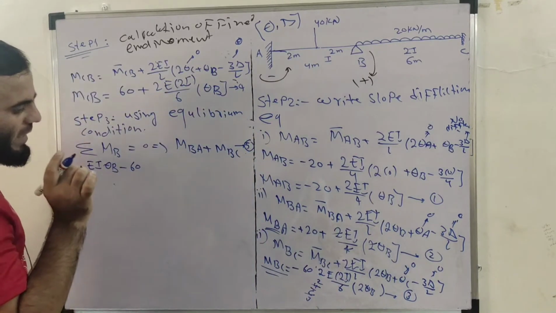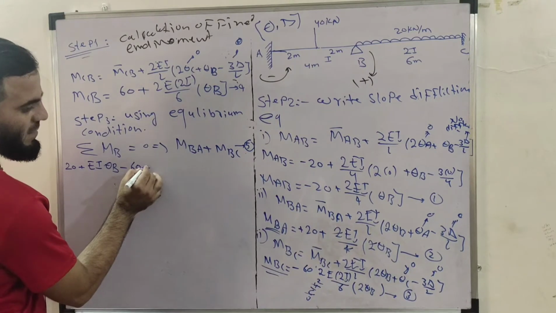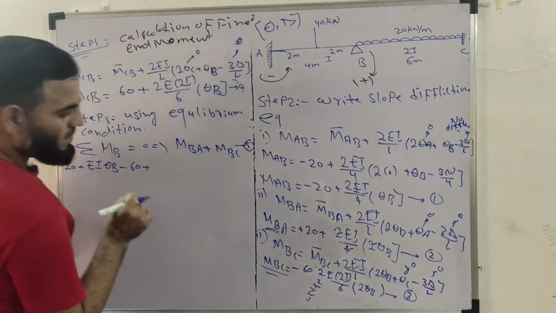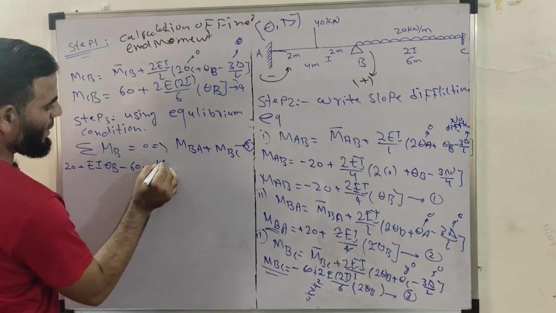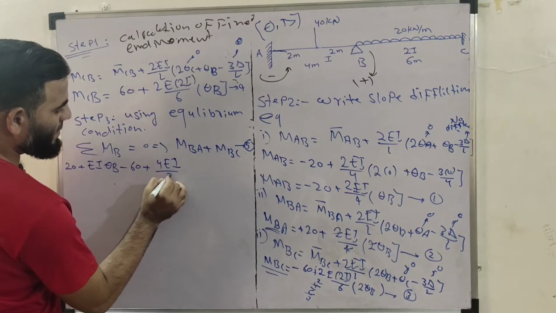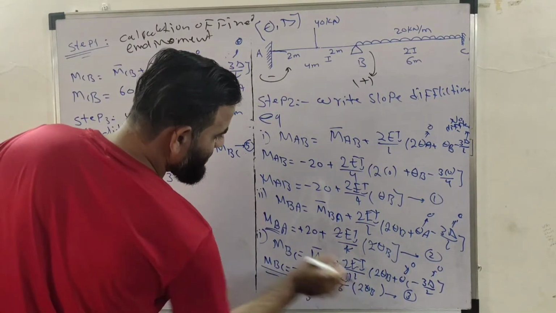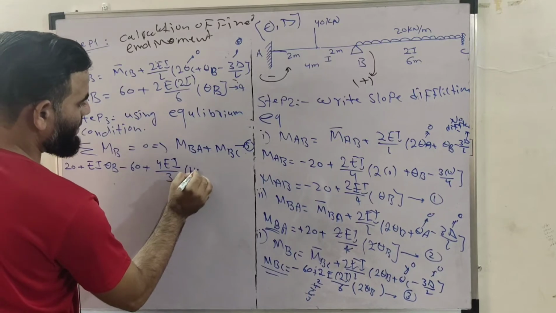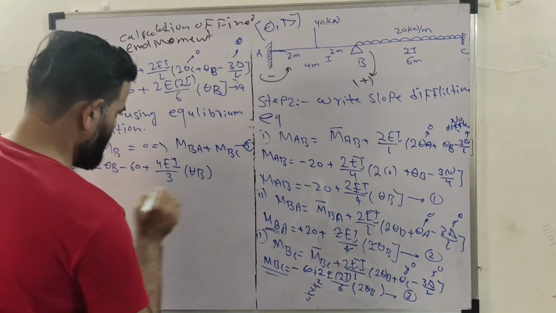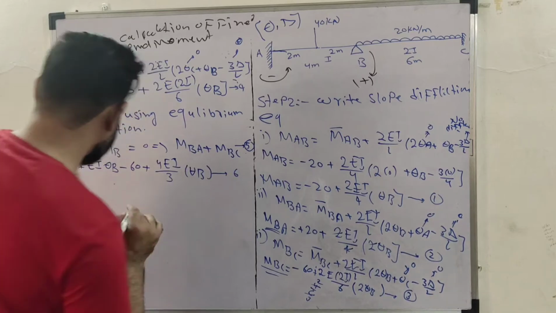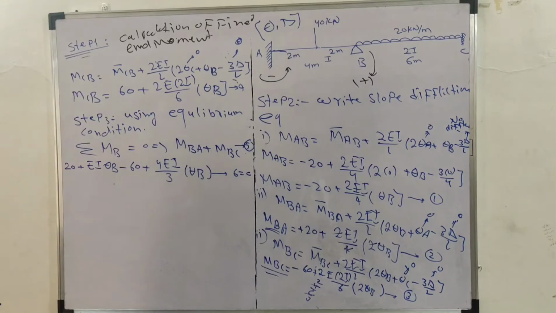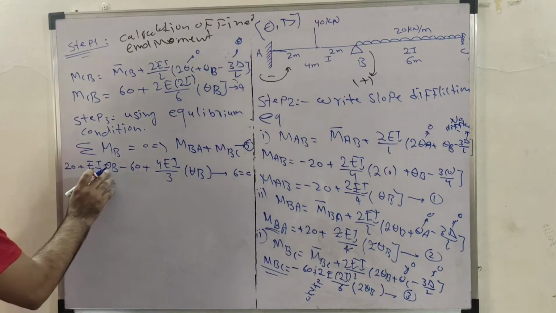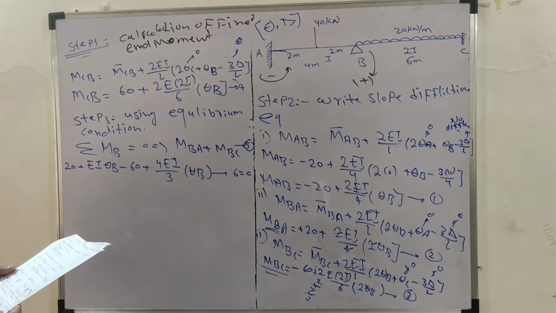That is called 4 by 3 plus 4 EI by 3, this is also theta B. This is equation 6. Now this is equal to 0. Equation 6 is equal to 0. Now we will find out the value of theta B. I already calculated.